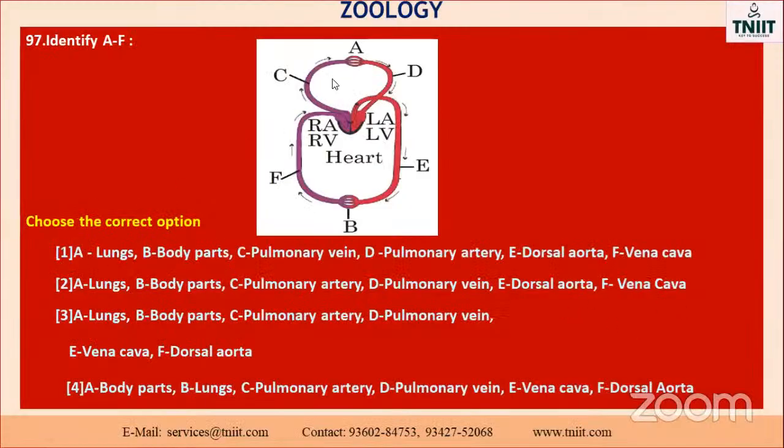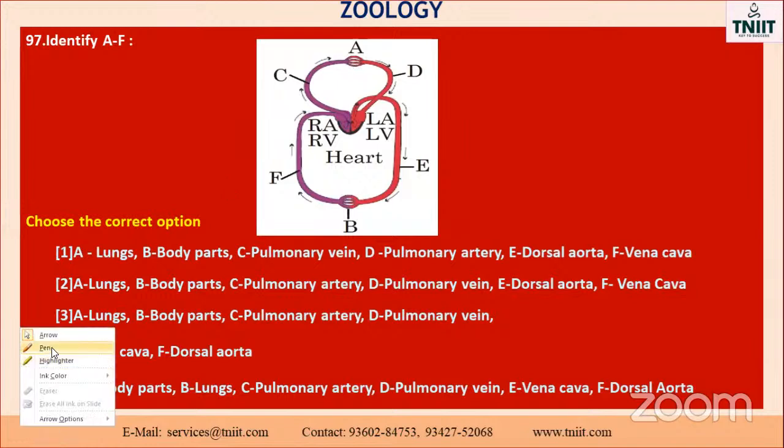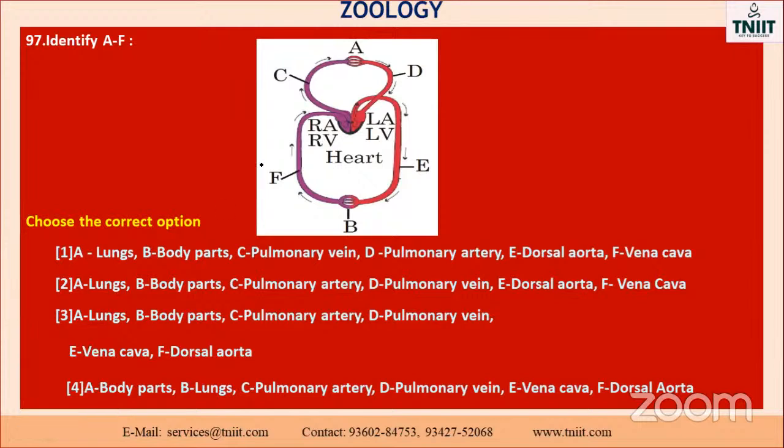Already we saw this question in the earlier question paper. Lungs, you know. Here it is transferred to the body part. This one is called the body part. Pulmonary artery, where is the pulmonary artery? This one is the pulmonary artery.